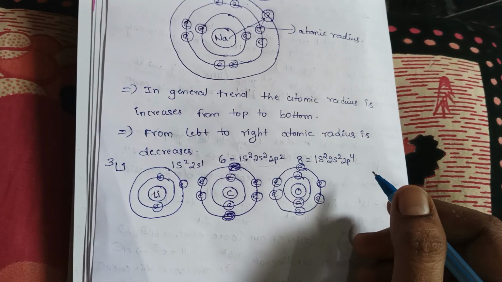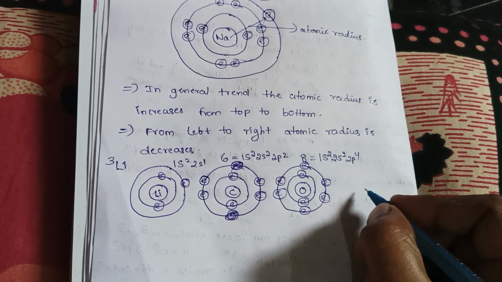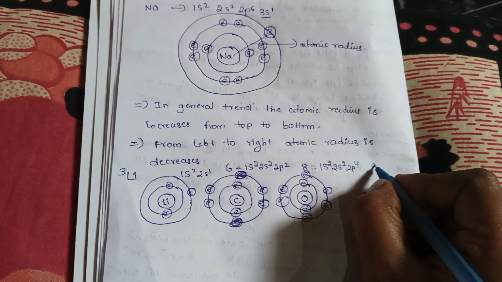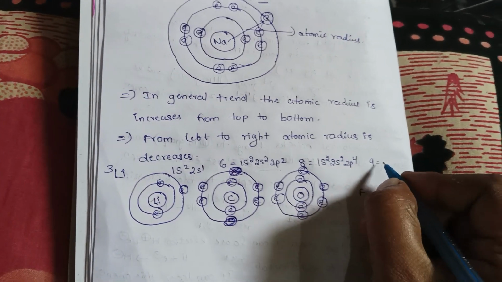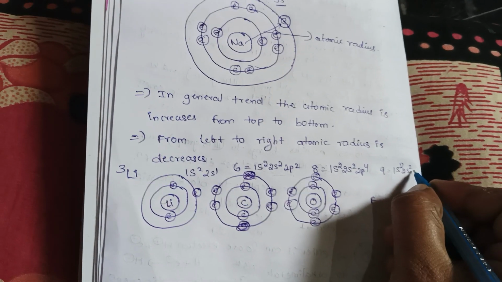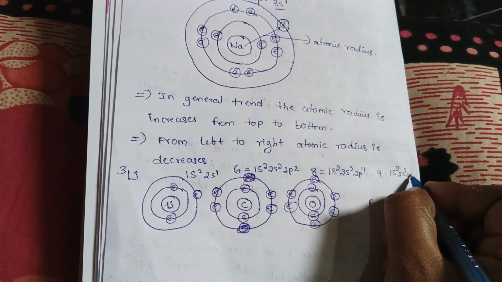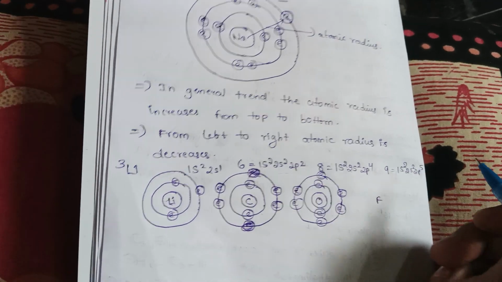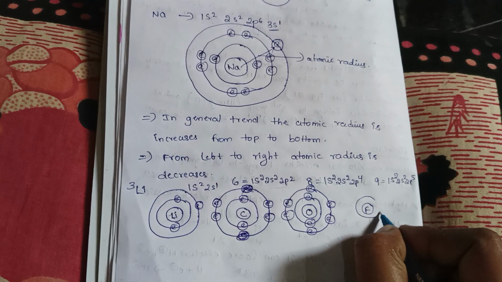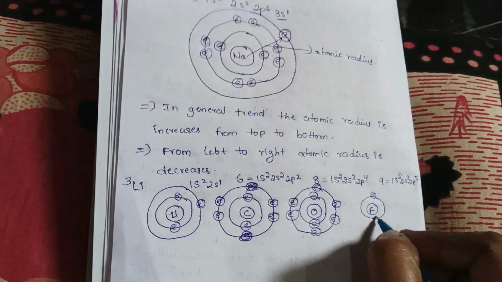If you take one more atom, fluorine, atomic number is 9. The electronic configuration of fluorine is 1s2, 2s2, 2p5. The first shell has 2 electrons.